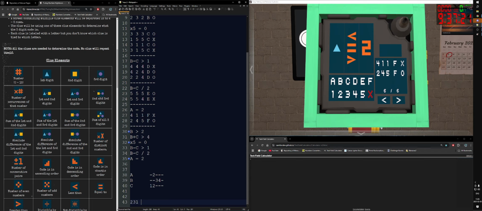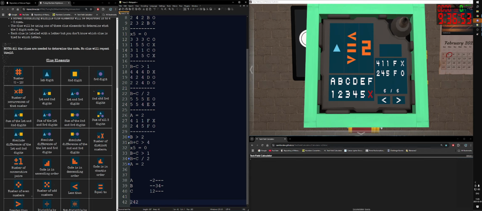So, 2, 3, 1 or 2, 4, 2. Let's check 2, 3, 1. This between the second and third, 3 minus 1 is 2. It is greater. However, the second plus the third is 4, which is not greater than 4. Meaning that it cannot be this.